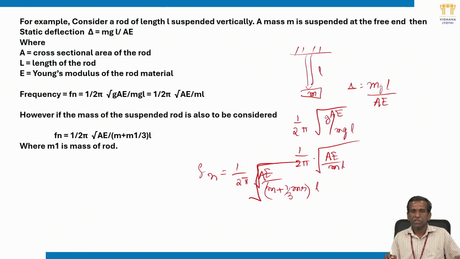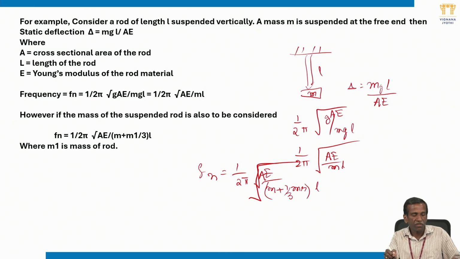This is the equation. So overall, for any rod or spring, whatever element the actual mass is attached to, you need to consider the effect of that element's mass in the inertia as 1/3 of that mass, and the actual mass attached is m. So m plus 1/3 of that mass in all the relations.